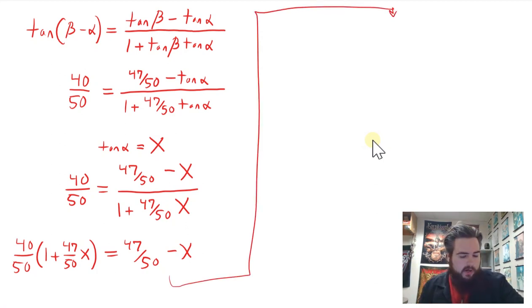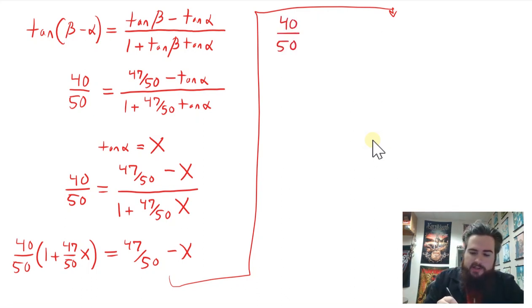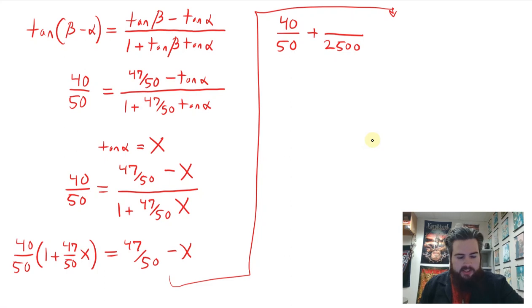If I distribute there on the left side, I will get 40 over 50 times 1 is 40 over 50. And then 40 over 50 times 47 over 50. That will give me a denominator of 2,500. I believe 1880. Yeah.